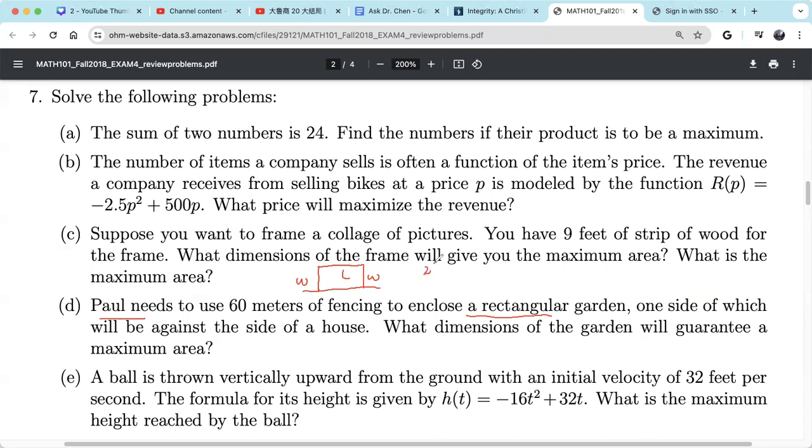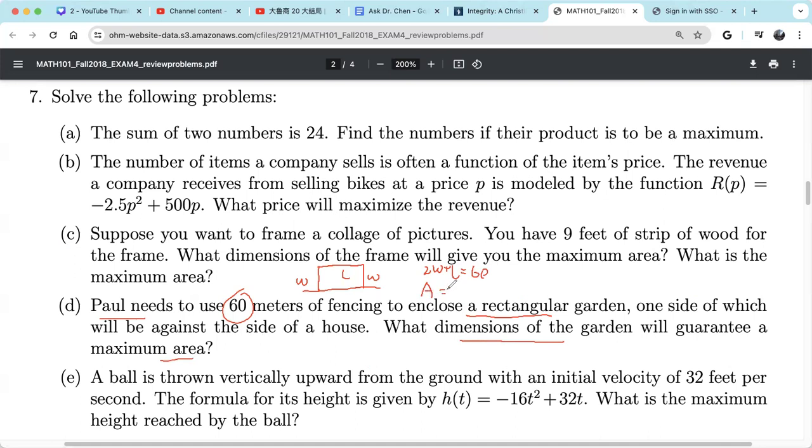Okay, so 2W plus L, right? That equals 60 meters. What's the question? The question is: in what dimensions of the garden will guarantee a maximum area? Again, maximize the area.